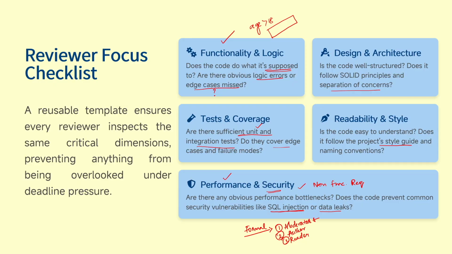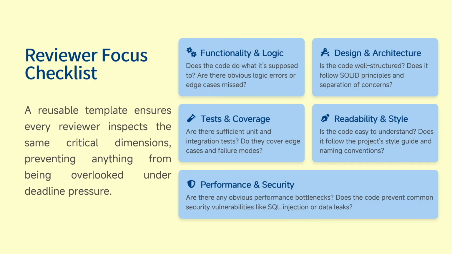Okay, so if there is some clash between them, this moderator has to be there to balance the corresponding arguments. Okay, so the author is the person who has actually written the code. The reader is a note taker who will note down what is happening in the review meeting. So there are several other people also, you can refer to that.